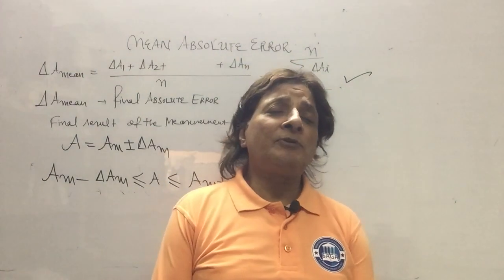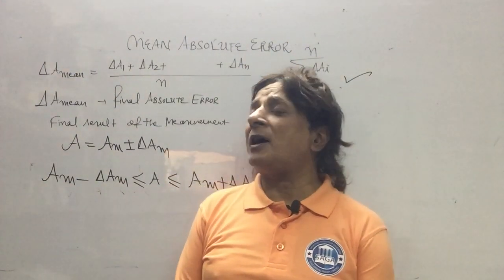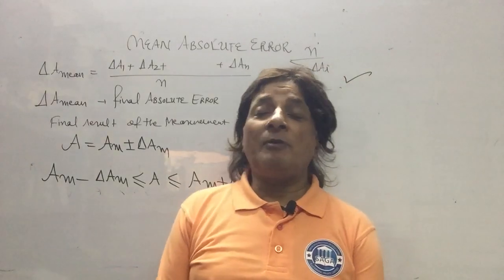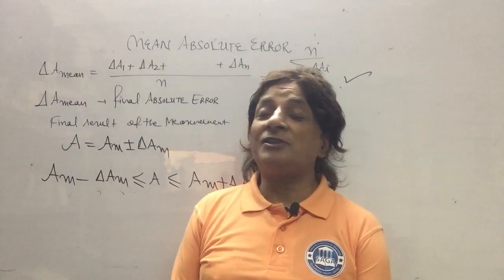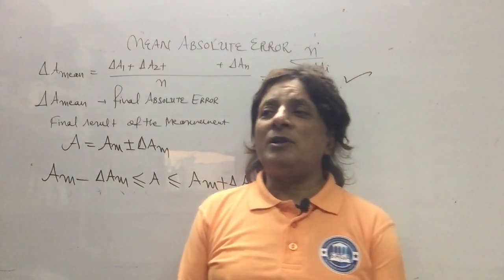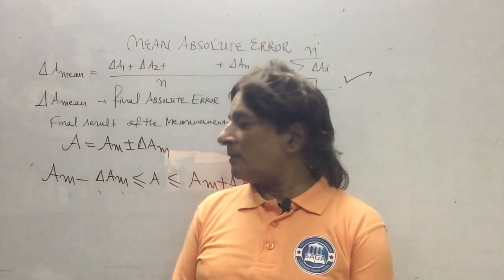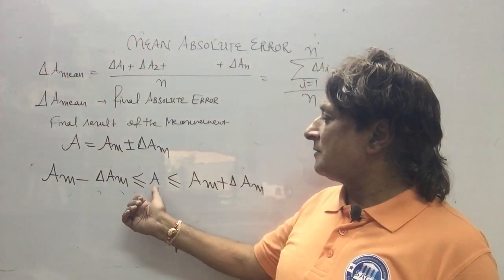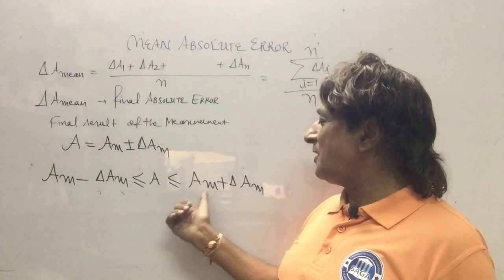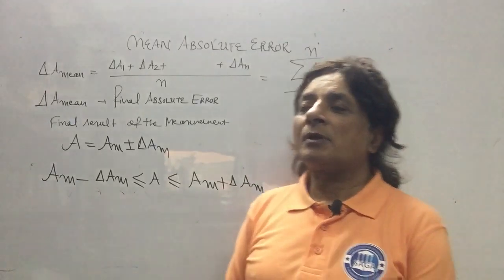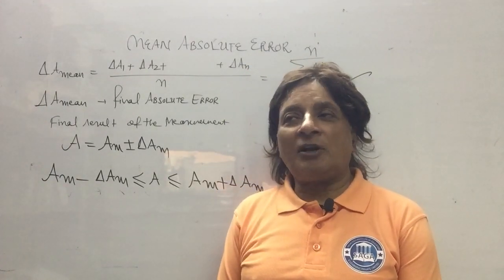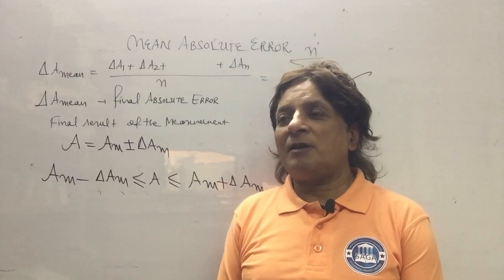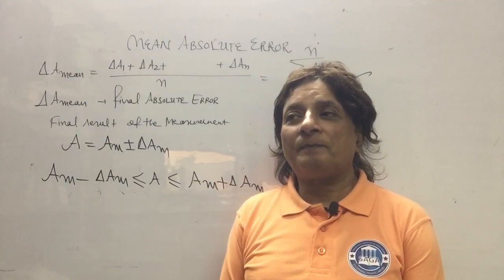What are absolute errors? What is mean absolute error? And what will be the final result? That will be AM minus delta AM less than or equal to A, which is less than or equal to AM plus delta AM. So this makes you crystal clear on what I have explained. Did you understand what I told you?